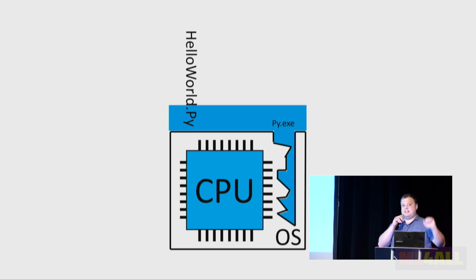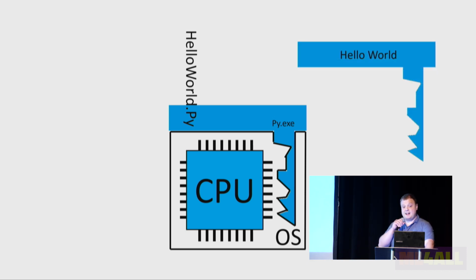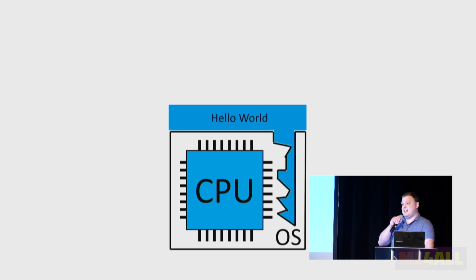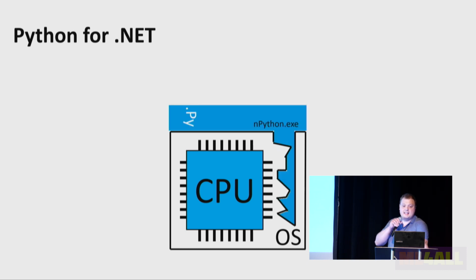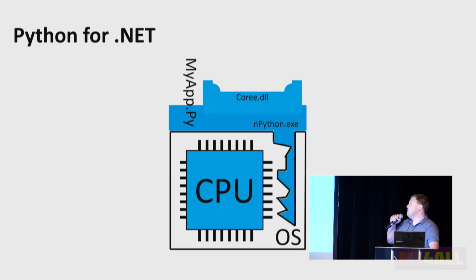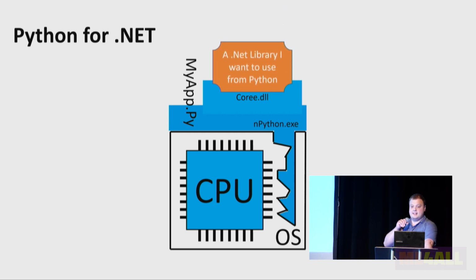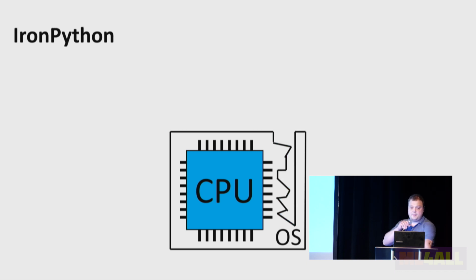Now, Python, our interpreted language, the way Python works is actually to compile the Python first, and then execute that. So the two technologies: Python for .NET is a drop-in replacement for Python, but one that will load the .NET framework in the same way that any .NET application would, and that lets you use .NET libraries from Python.